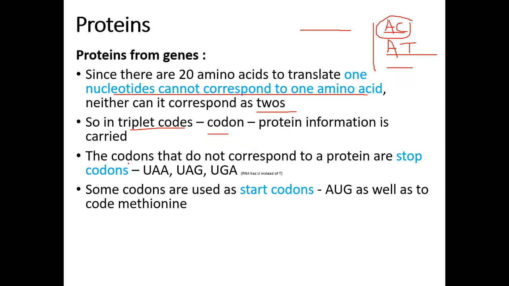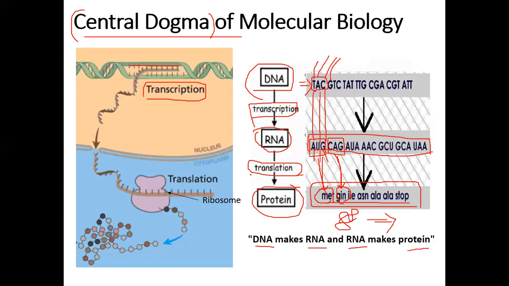Okay, these codons that do not correspond to an amino acid are called stop codons. So you know when you make combinations, there are more than 20 we can make with 4 different letters, A, C, T, G. And these 4 different letters, when you arrange them 3 by 3, you can get different combinations with more than 20.